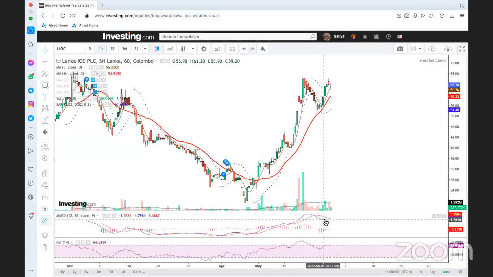Then the MACD line is almost to cross the signal line, but it hasn't happened yet. And also there is a bearish close here, because it has tested a high of 66.30 but has closed below that level.